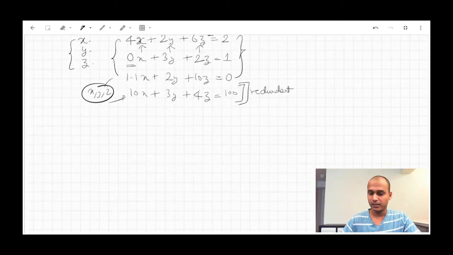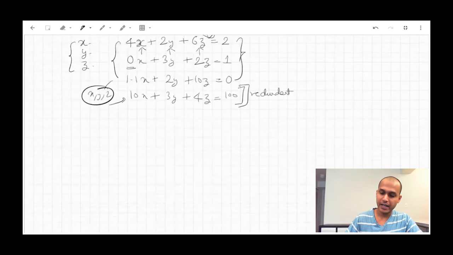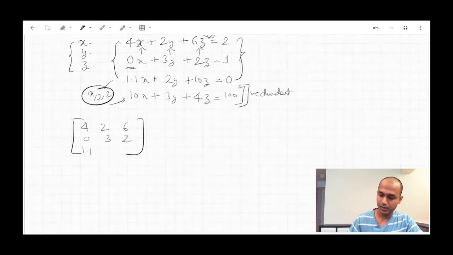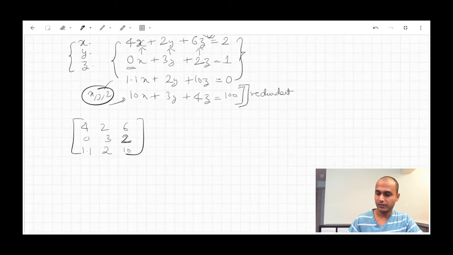This system of equations can actually be written in a compact way. Let's collect all the coefficients. For example, in the previous case, let's look at only the first 3 equations. It's going to be 4, 2, and 6; 0, 3, and 2; and 1.1, 2, and 10. We collected the coefficients, and we have written it as if it's a linear transformation.